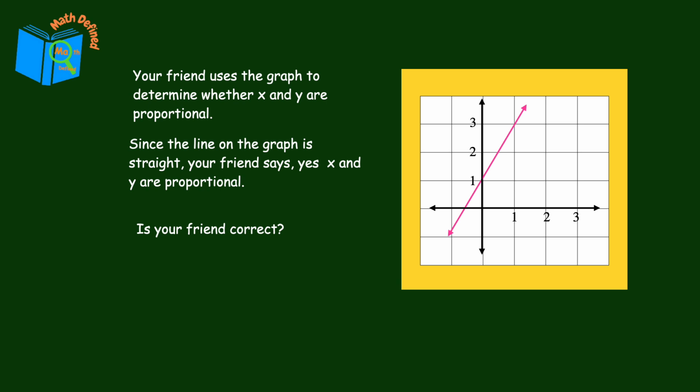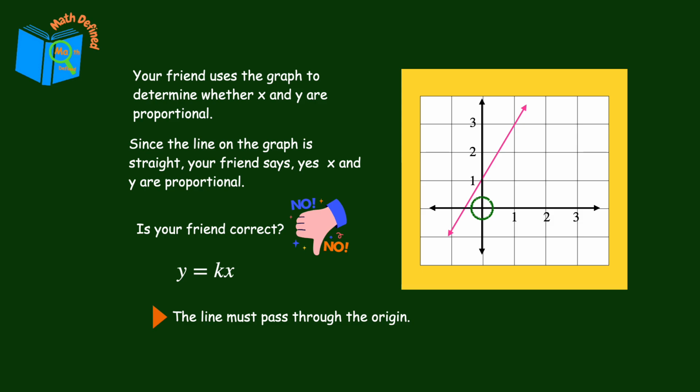The equation for a line where x and y are proportional is y equals kx, where k is not 0. And the line must pass through the origin at 0, 0. As you can see, this straight line does not pass through the origin, so your friend is not correct.